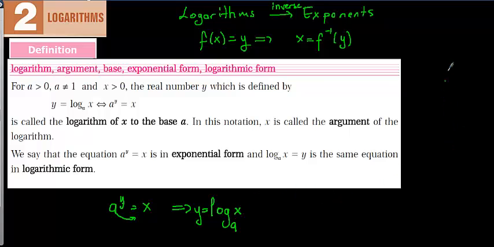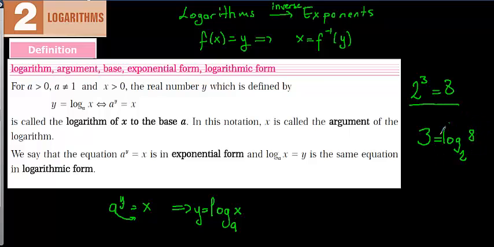Example for this one here, 2 to the power of 3, we know it's equal to 8. Now here we are going to find the logarithmic form of this one. Here 3, like it falls down, is equal to logarithm, the base of the exponent becomes the base of logarithm, 2, 8.